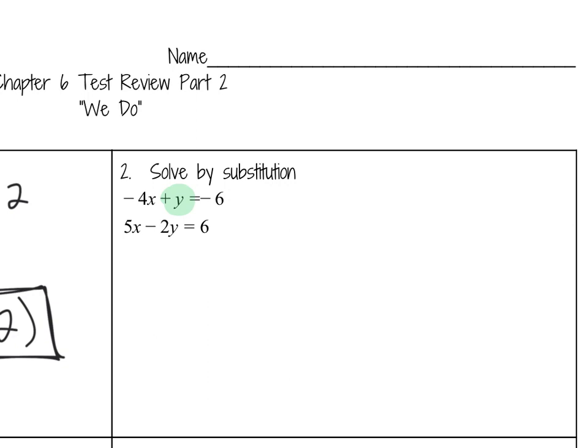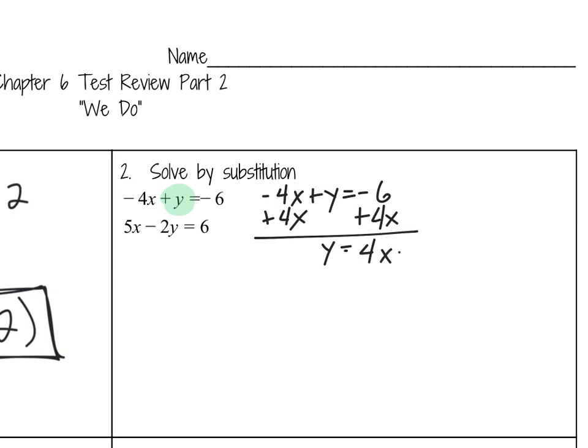And so I'm going to take that particular equation and I will solve it for y. So the first thing I will do is come over here and do negative 4x plus y equal to negative 6. I will add the 4x to both sides, giving me a y equal to 4x minus 6.